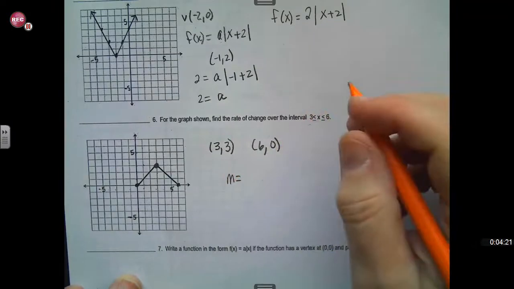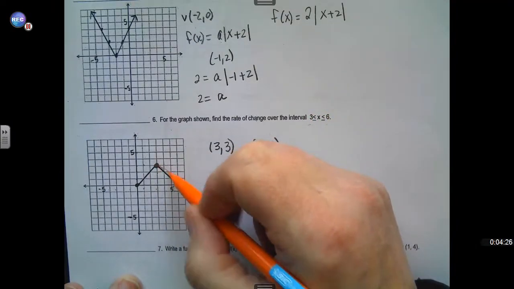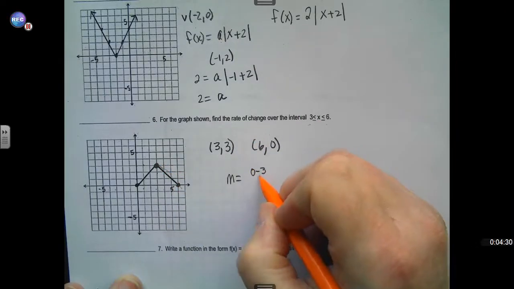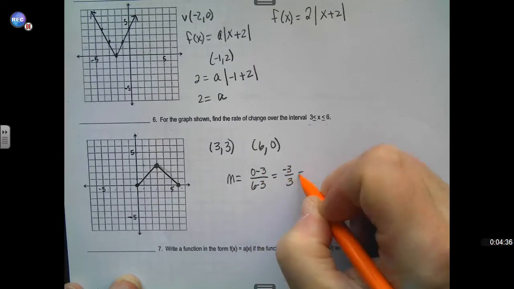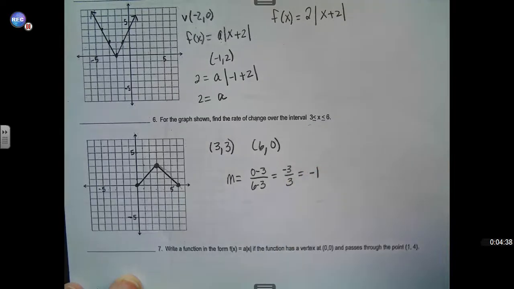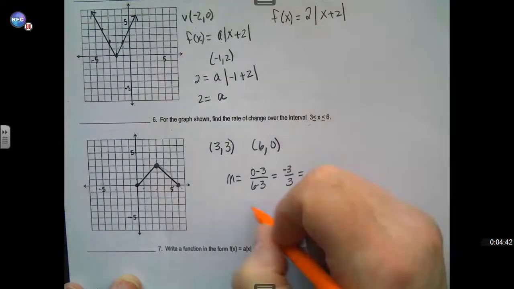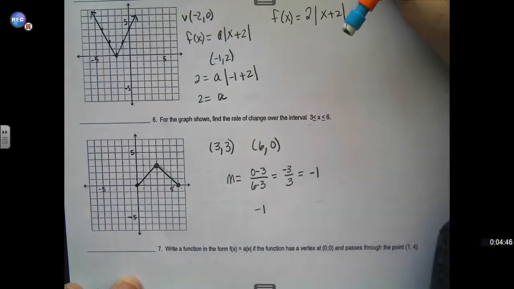So the slope between those 2 points, basically the slope of this part of the segment, is 0 minus 3 over 6 minus 3, or -3 over 3, which is -1. So the rate of change over that interval is -1.